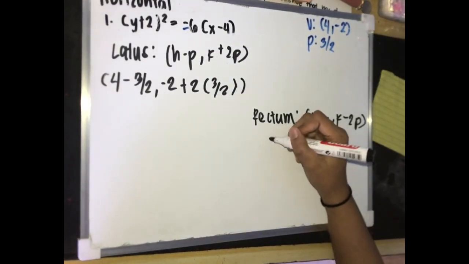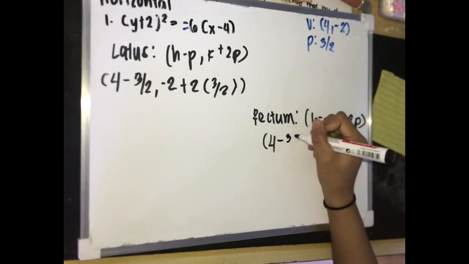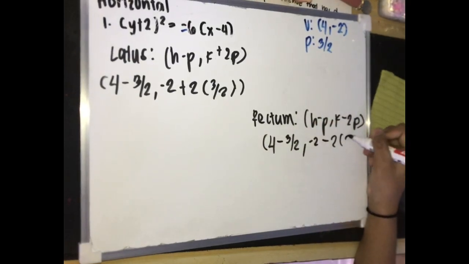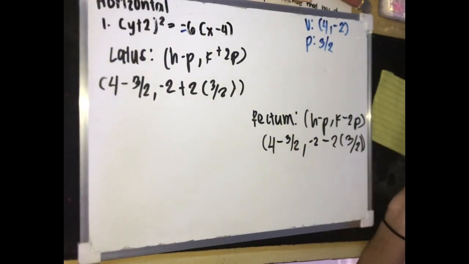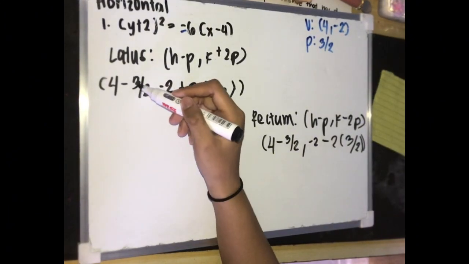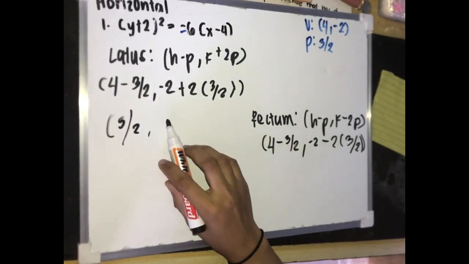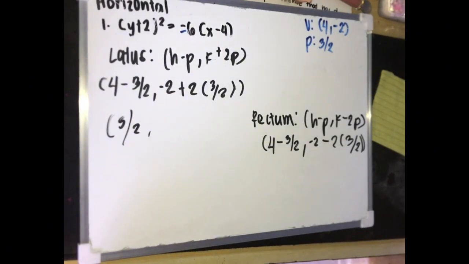And here will be 4 minus 3/2, and negative 2 minus 2 times 3/2. So, ayan. So, 4 minus 3/2 is 5/2. And negative 2 plus 2 times 3/2 is 1.